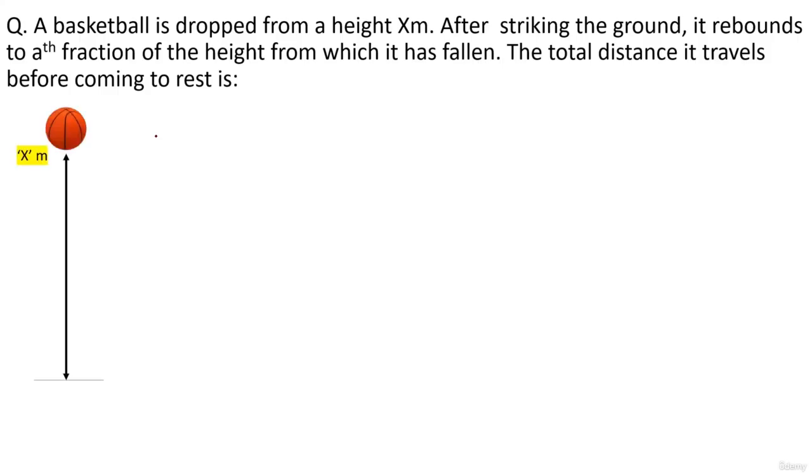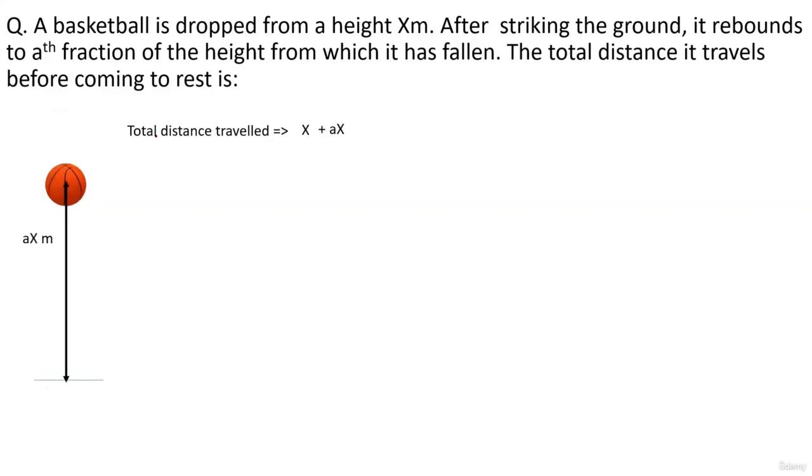Okay, so let's see, this is the height x, इससे ball नीचे गिरने वाली है. What I will do is at every step I'll calculate the total distance the ball has traveled, and we'll basically take the sum of all these values. Initially the ball fell by x meters, right? Now the ball will again rise up to a fraction, right? Before that, the total distance the ball travels now is x. Now the ball will rise to 3/5 of x, which is nothing but a in this case.